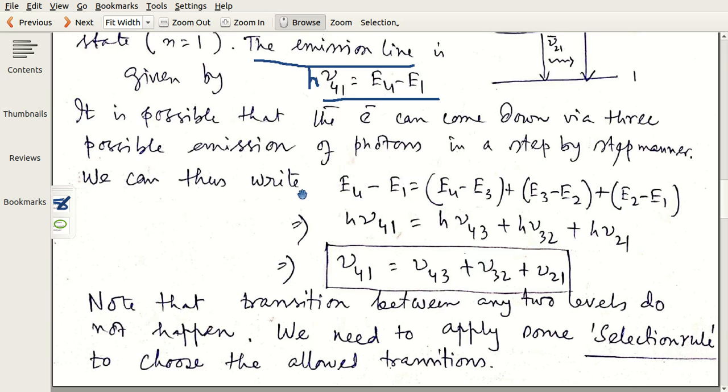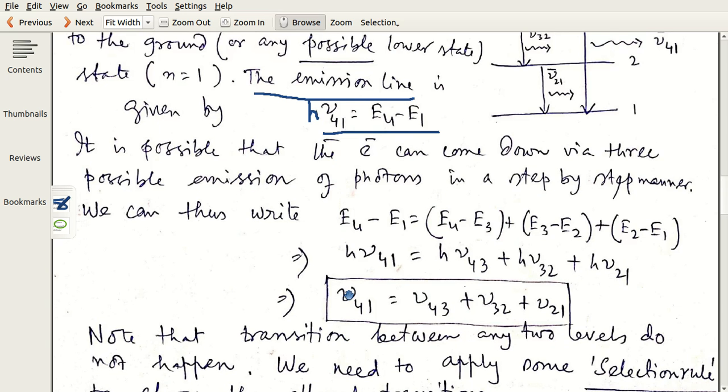There are certain things on which it is decided, like the parity of the states, like the angular momentum of the states. You will learn it later, that some transitions are allowed and some transitions are restricted. That means to have a transition, you need to have some selection rule. This selection rule will choose the allowed transitions. Some rule has to be satisfied, which decides transitions between which levels are allowed.